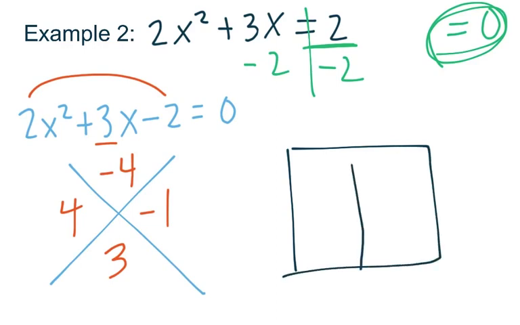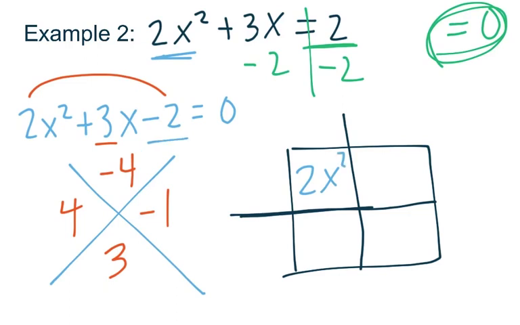What is always going in the upper left-hand corner? That's this 2x squared here. What goes in the bottom right? That's the negative 2. And then what fills the two other blanks? We take negative 1x and 4x from the diamond.